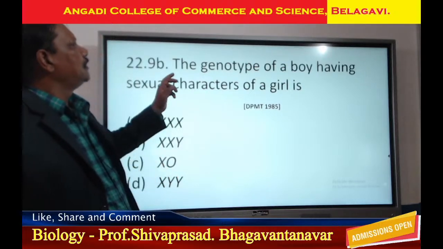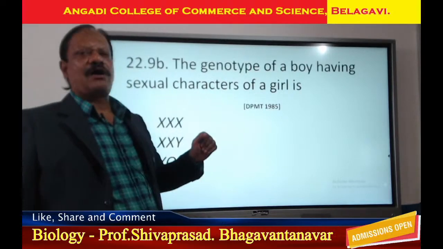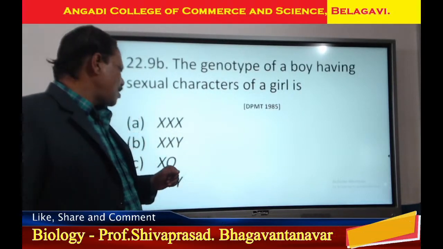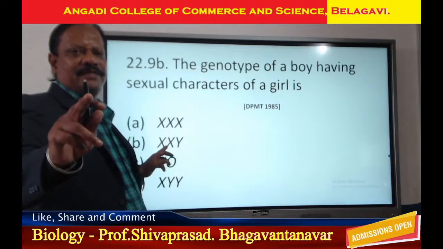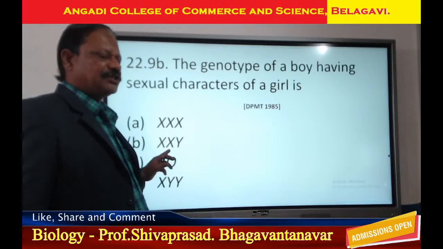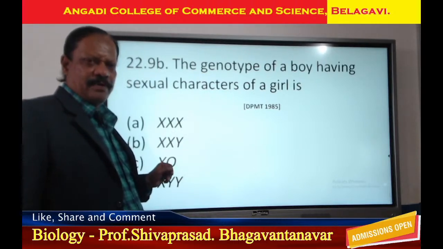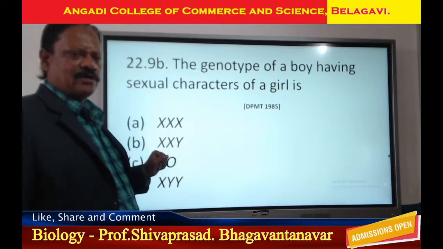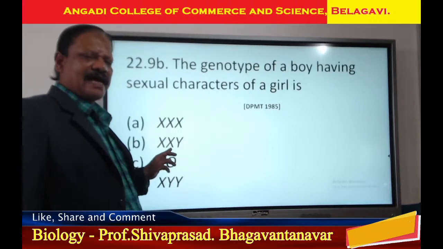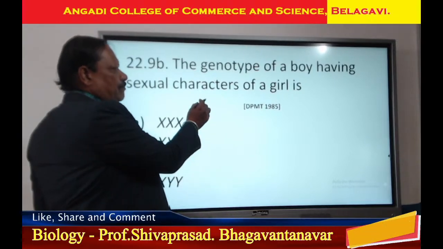Here, the characters will be changed because of the trisomic condition. One additional chromosome the person is getting, that is the Y chromosome. So X, X and Y. This is the right answer, option B. Next.